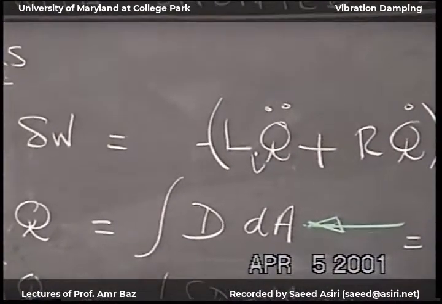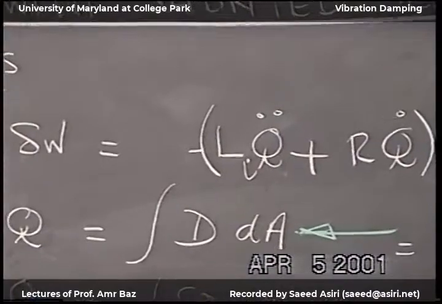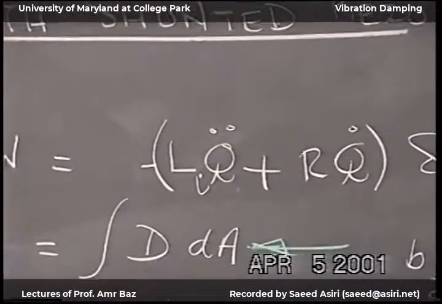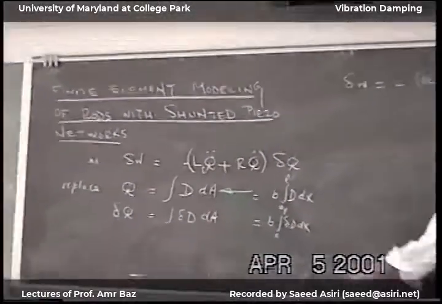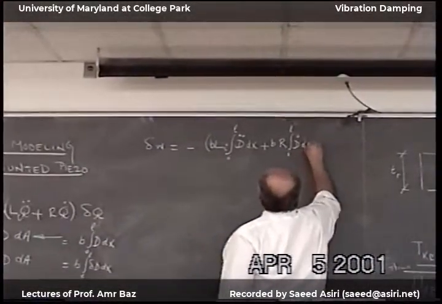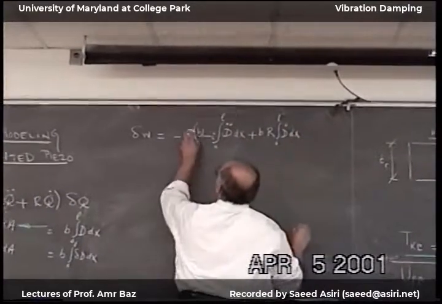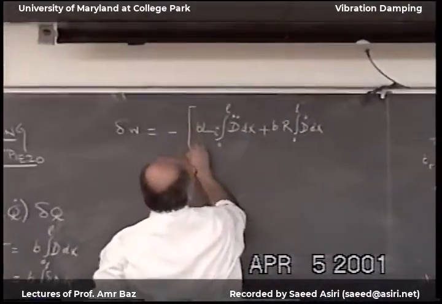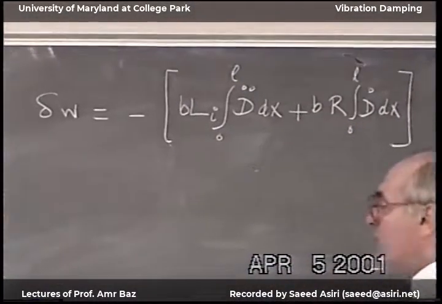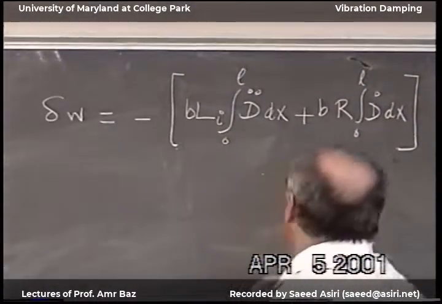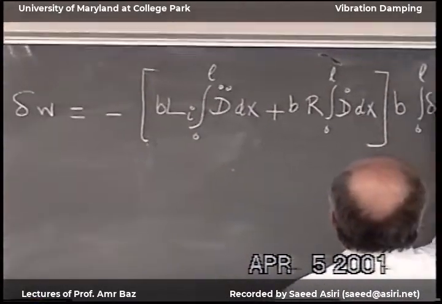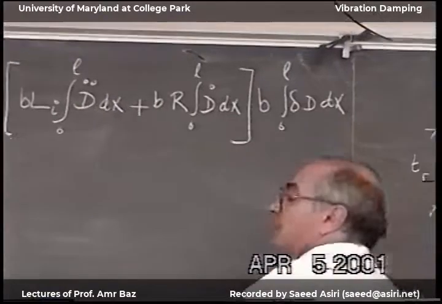And then here plus b R integral. Instead of Q dot, I'll write D dot dx. And then the last term, del Q, I'll write like this: b integral del D dx.